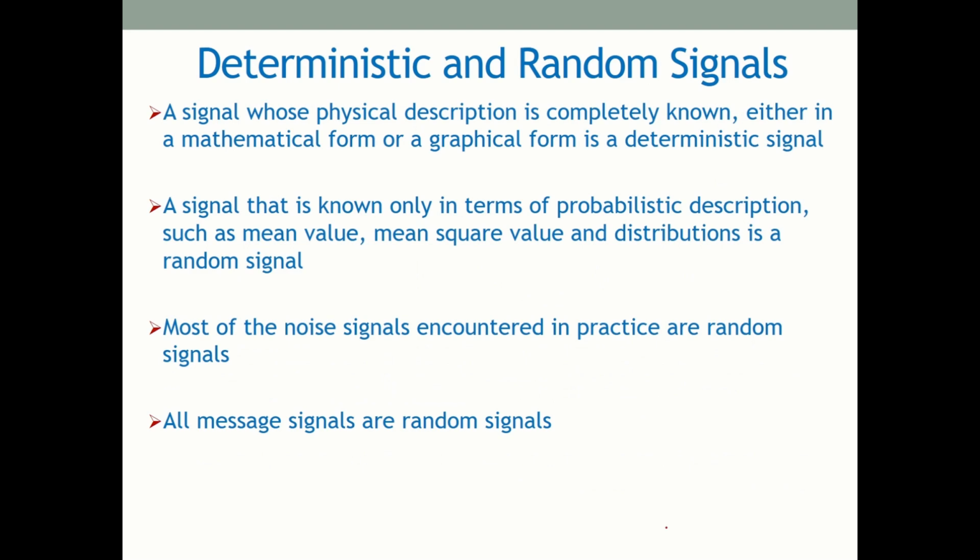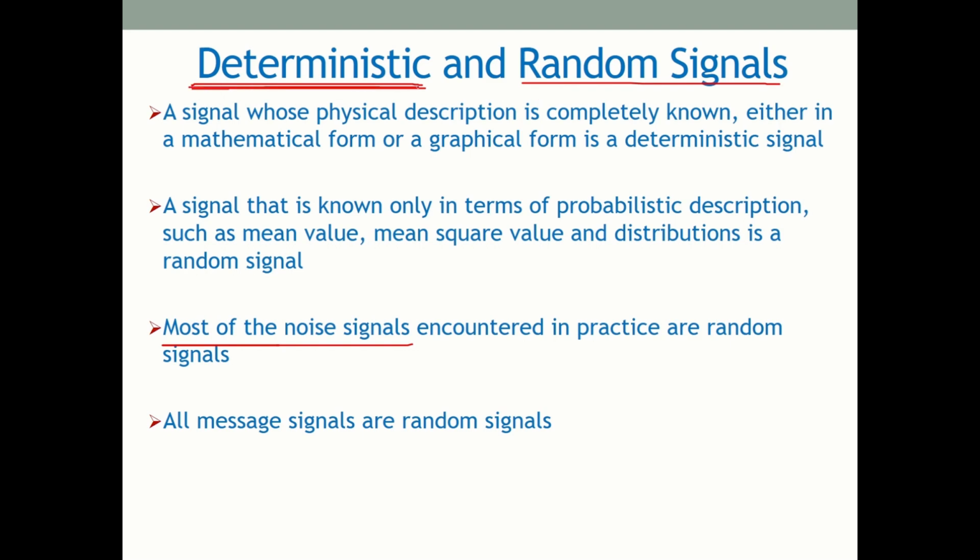Then we have deterministic and random signals. Random signals are the ones that are purely random. They naturally exist. For example, noise signals are random. And we have situations where we want to simulate the noise in our system. In that case, we define an expression and try to simulate noise and make it as random as possible.